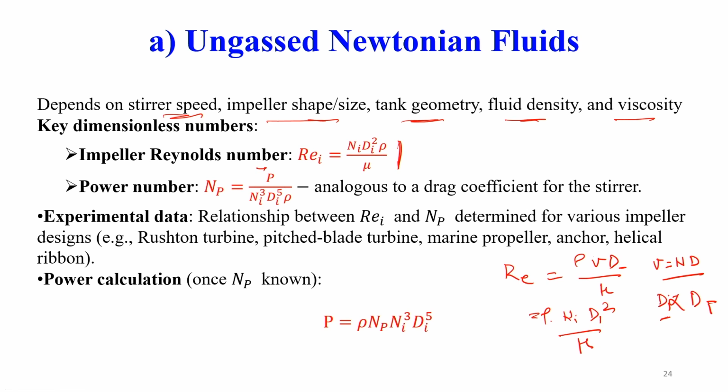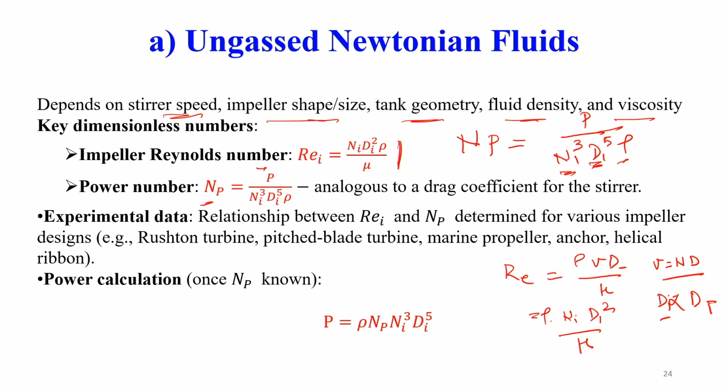Now, coming back to power requirement, it is defined in terms of power number. So, first we need to understand what is power number. Power number NP is defined as P divided by Ni cube Di to the power 5 into rho. So, Ni is the RPM or stirrer speed, Di is the impeller diameter, rho is the density.